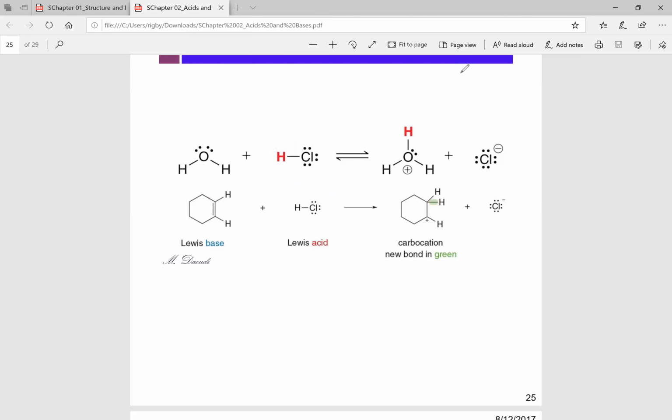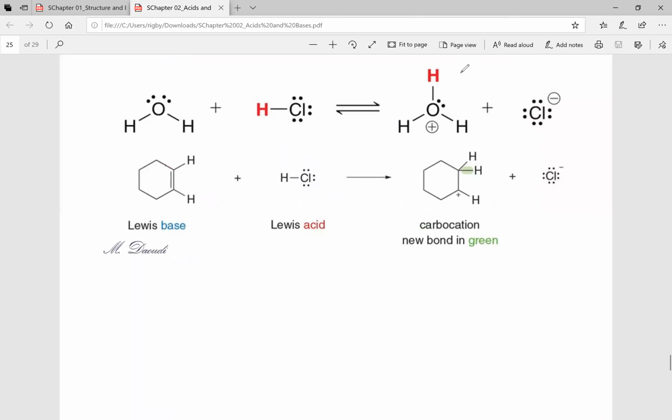All right, and we can see here a more traditional version. So what I want you guys to do is pause this video and tell me which one of these is the electrophile and which one is the nucleophile. I'm just going to answer it right away. Okay, so we can see here that this Lewis acid gained electrons. It's our electrophile.